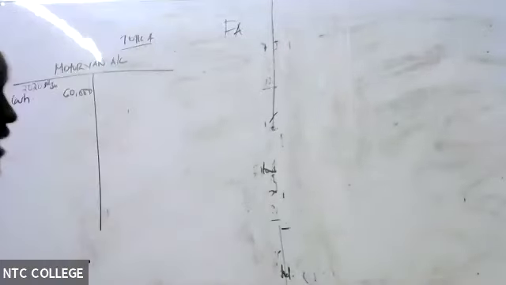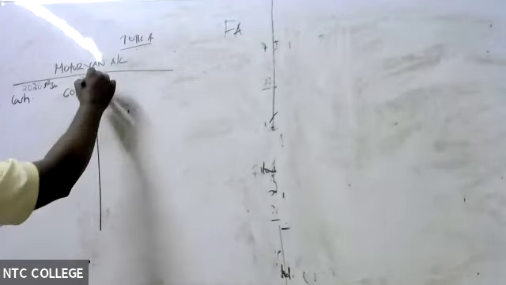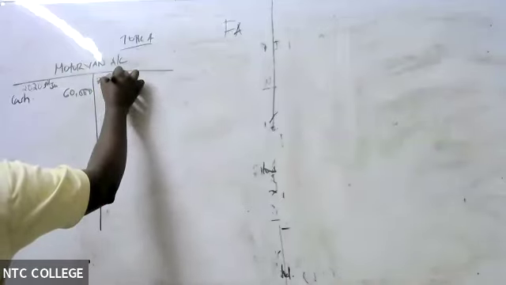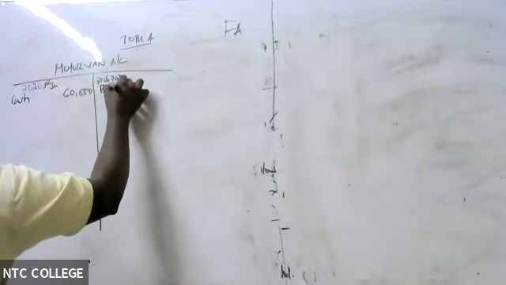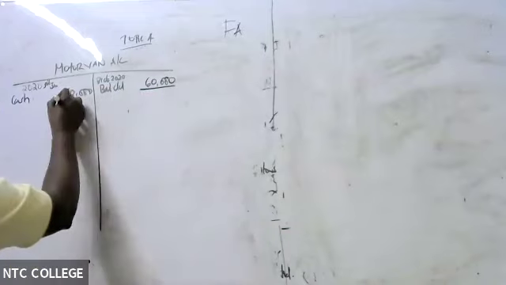You know where I've gotten 60,000, because each motor vehicle was 30,000. So at the end of the year, December 2020, the balance carried down should be 60,000 as the value of our asset.